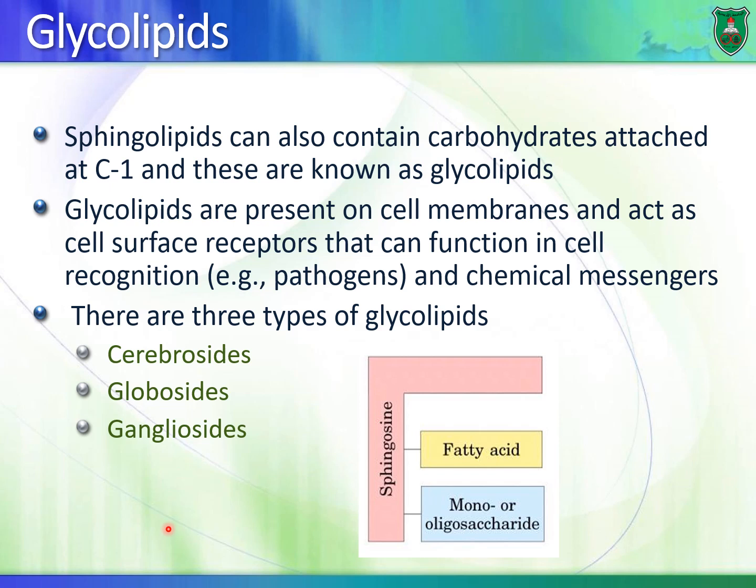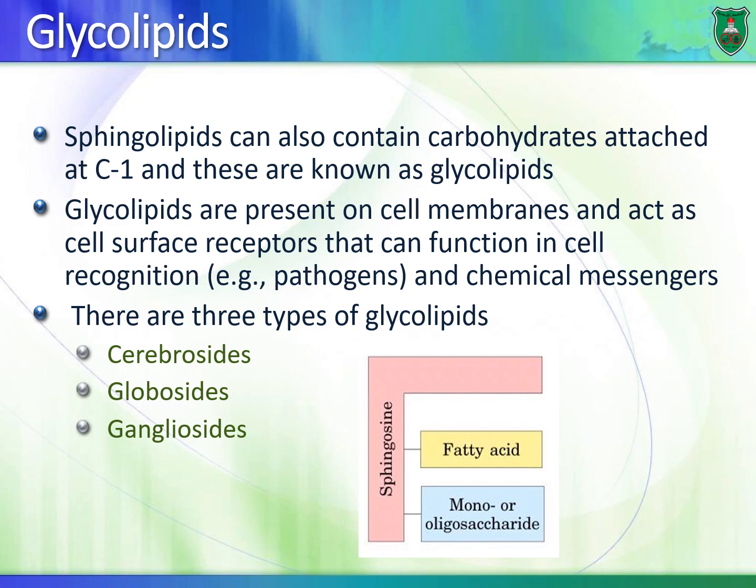Okay, so how about glycolipids? Glycolipids have a sugar group attached to the sphingosine backbone, and there are 3 types of glycolipids depending on the nature of the sugar that is attached. Now, these glycolipids are important because they differentiate cells from each other.